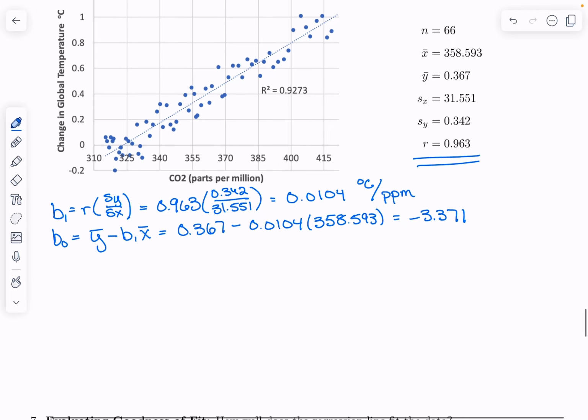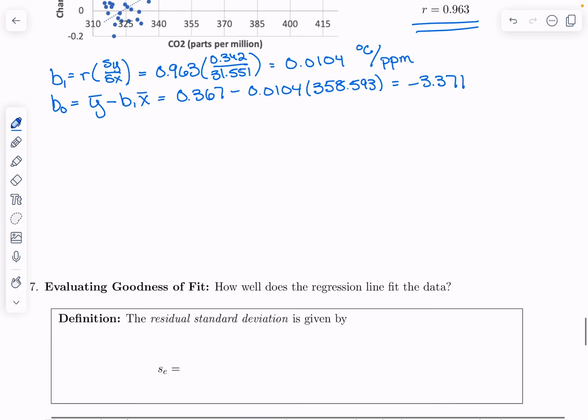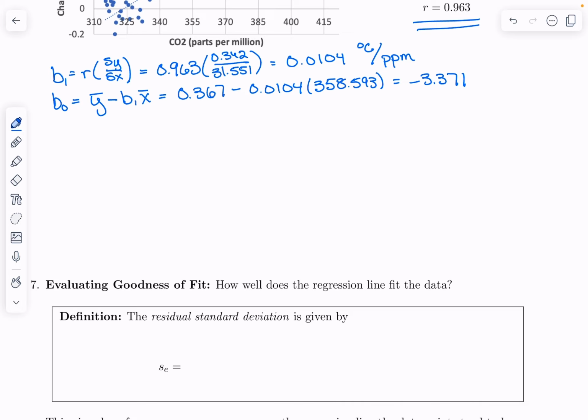Okay, so our regression line is y hat equals negative 3.371 plus 0.0104 x. So what's the interpretation of the slope and the intercept?